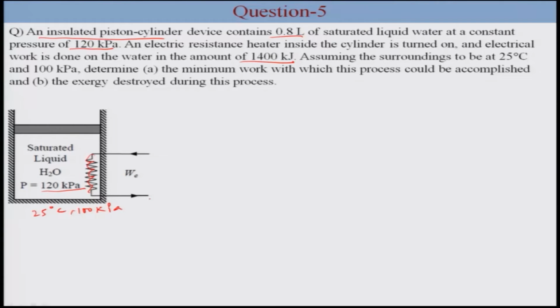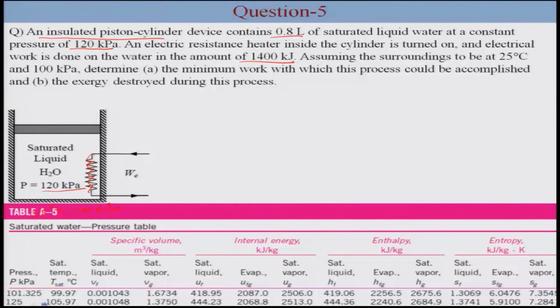So, we find the properties at the given state inside the piston cylinder device, from the saturated water pressure table at 120 kilopascal.